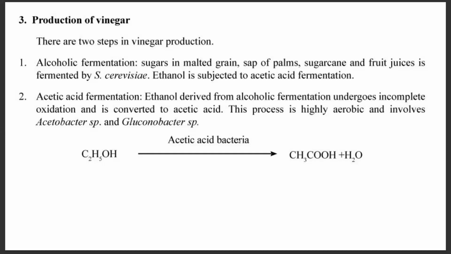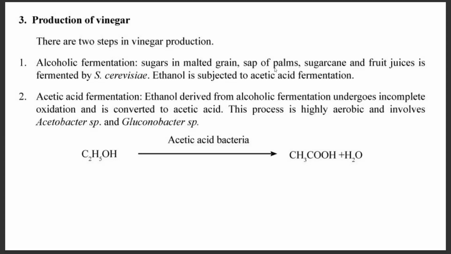The acid in vinegar is a weak acid, acetic acid. In alcoholic fermentation, sugars in malted grain, sap of palms, sugarcane and fruit juice are fermented by Saccharomyces cerevisiae. Ethanol is subjected to acetic acid fermentation.